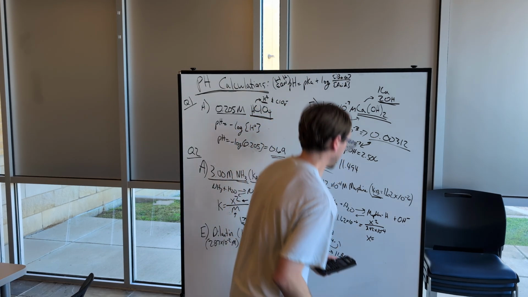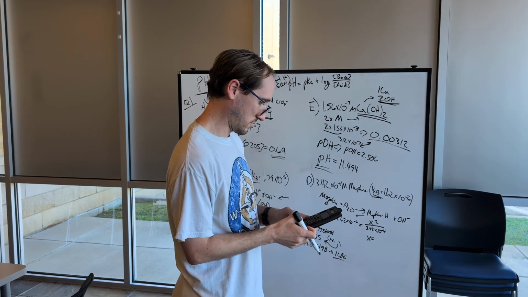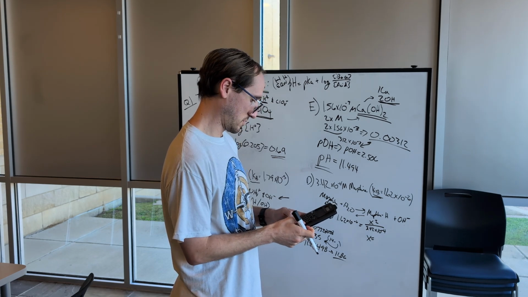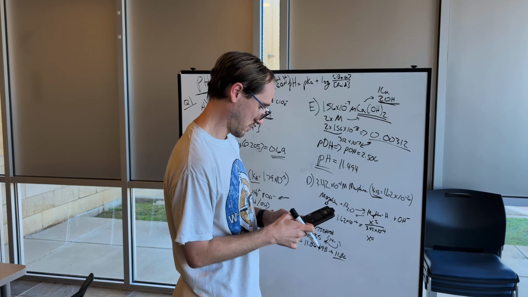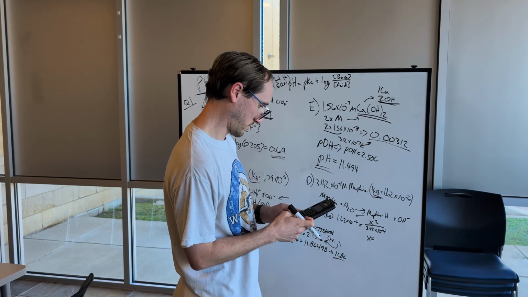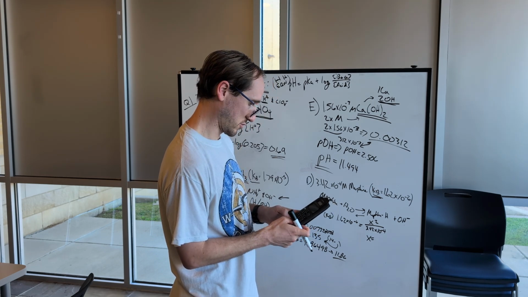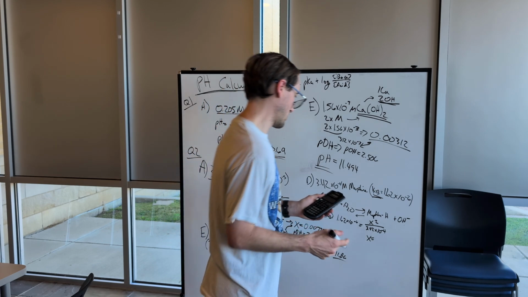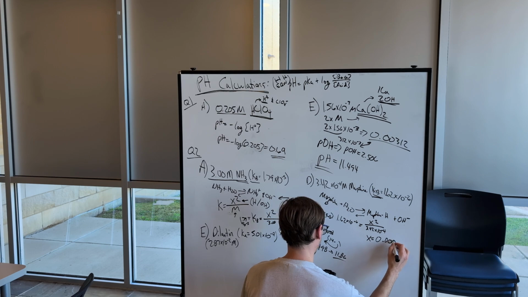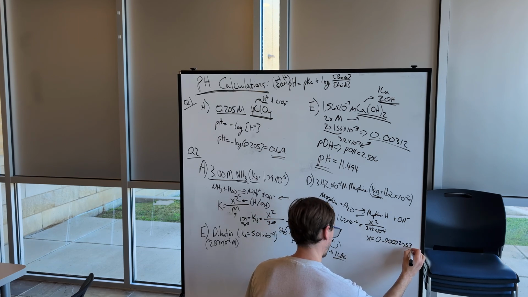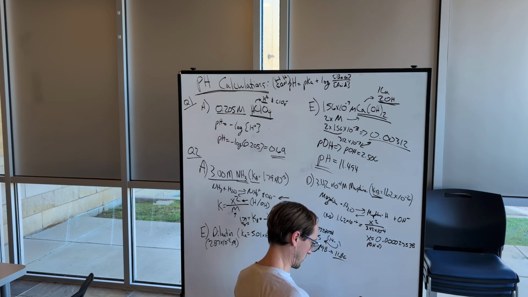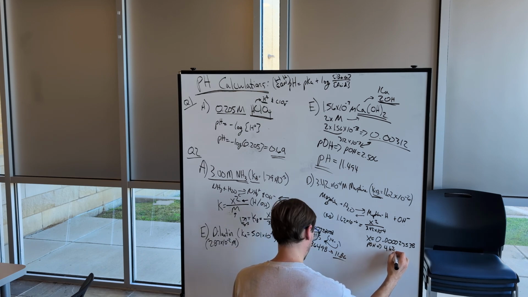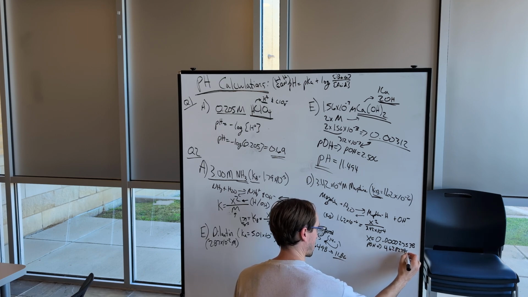So then we'll say x is equal to a really tiny number, and the square root of that is... So then this gives us our pOH, which is going to be the negative log of that answer, which is 4.62822944, whatever.